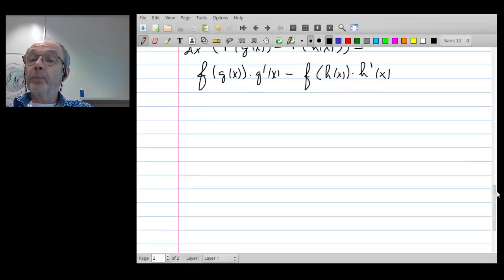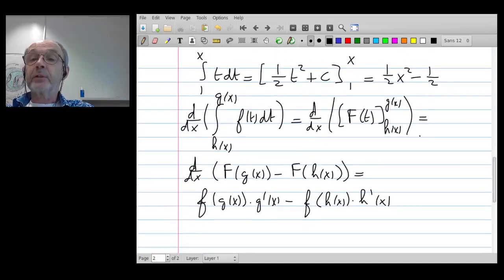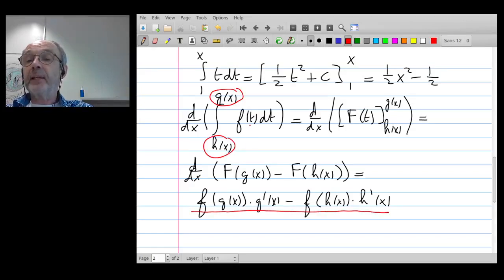And I hope that you see that in a certain sense you don't need your primitive function, because you see here that you have just filled in the upper and the lower boundary in your little f, and then you have multiplied it by its derivative. You have just used the chain rule, and in a certain sense you don't need your capital F. It goes here all right.